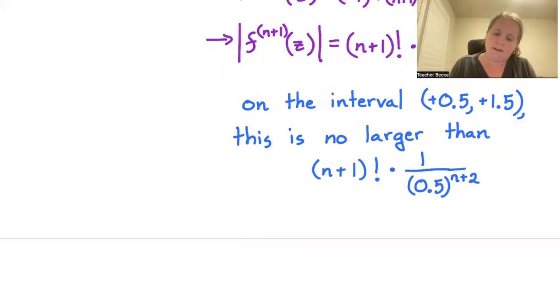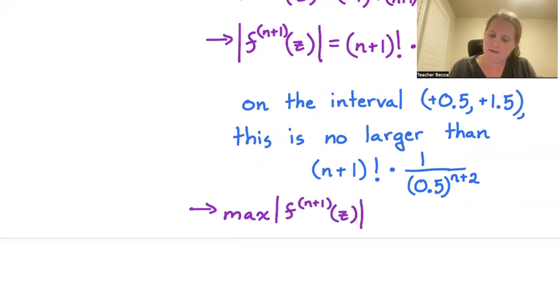So what we get then is that the max of the absolute value of the n plus first derivative is no larger than, or is equal to, n plus 1 factorial times 1 over 0.5 to the n plus 2.